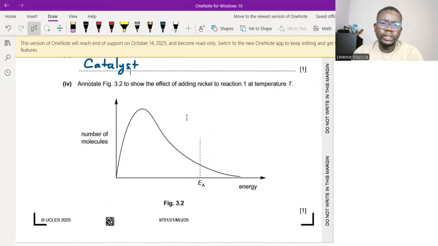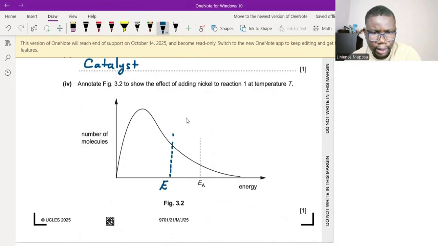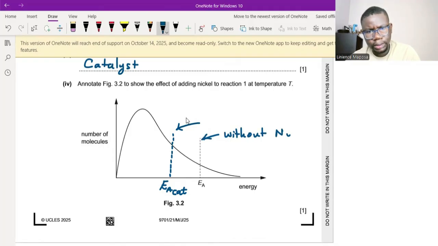But then we introduce a catalyst. What do catalysts do? They lower the activation energy. So I'll do this and label EA cat, without nickel, with nickel. That's it.